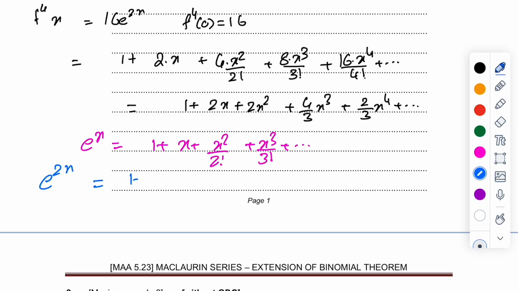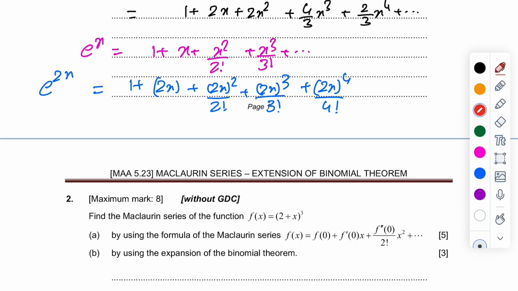So it becomes 1 plus 2x plus 2x whole square upon 2 factorial, 2x whole cube upon 3 factorial, 2x whole power 4 upon 4 factorial, and you can see that I'm going to get the same answer as 1 plus 2x plus 2x square plus 4 upon 3 x cube plus 2 upon 3 x power 4. So irrespective of which method is followed, we are going to get the same answer.